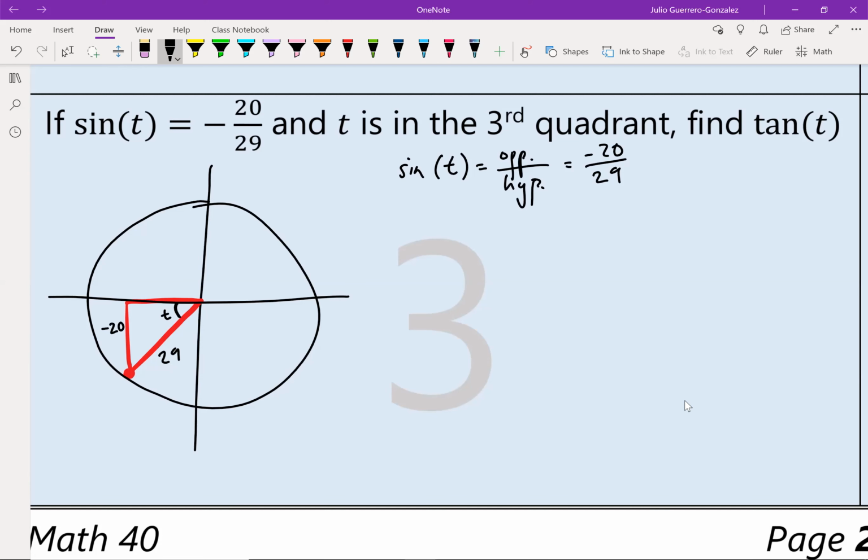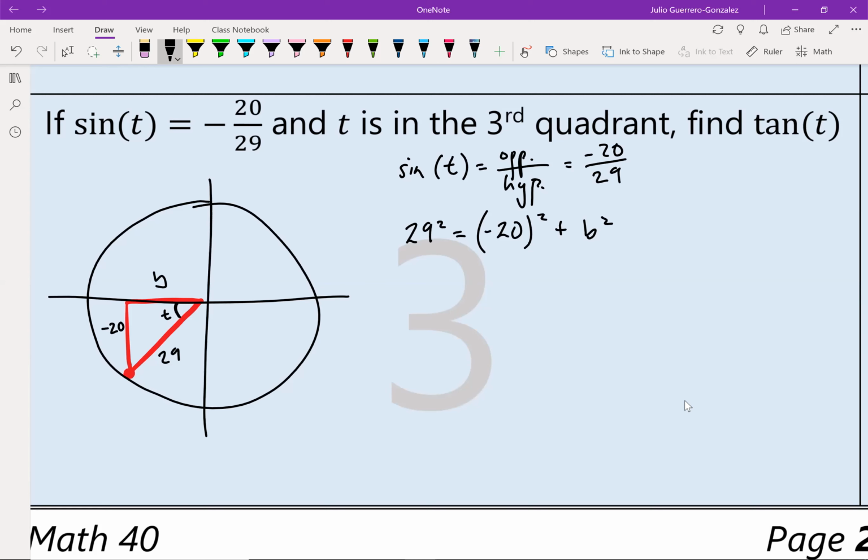So now we need to find our missing adjacent side. Okay, so then this is where we do 29 squared is equal to negative 20 squared plus b squared. We're going to call this missing side b.